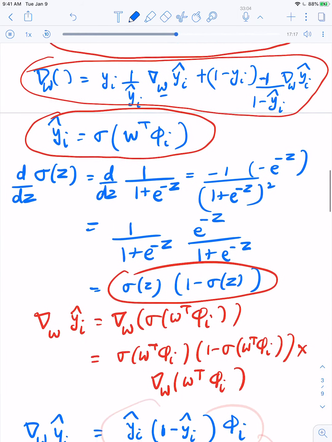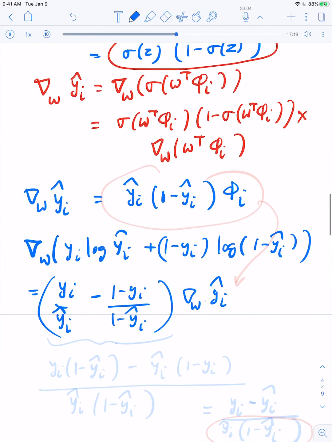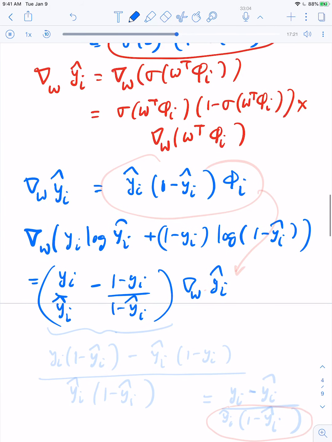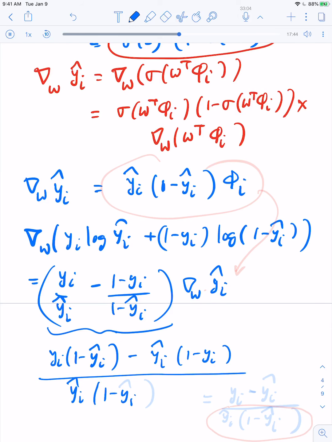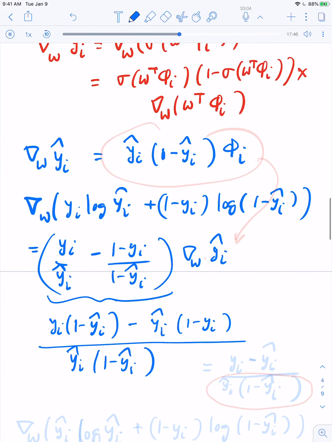So I'm going back there and plugging things in and simplifying now. If you look at this term here, what is it? Yi times 1 minus Yi hat above, minus Yi hat times 1 minus Yi there, divided by Yi hat times 1 minus Yi hat.